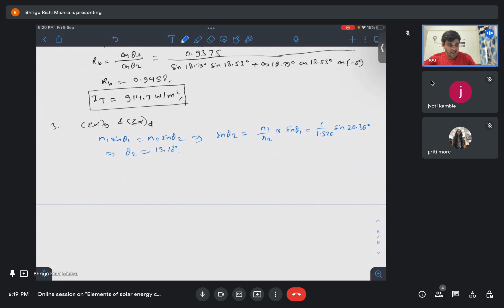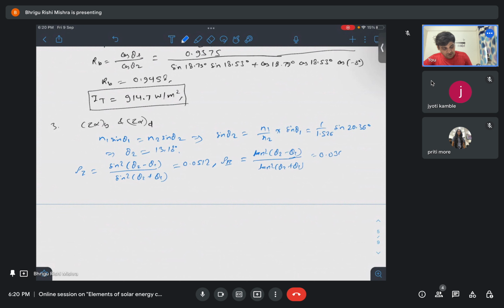Rho first is sin square (theta 2 minus theta 1) by sin square (theta 2 plus theta 1), and if you put all the values, it comes 0.0512. Similarly, rho second is tan square (theta 2 minus theta 1) by tan square (theta 2 plus theta 1), equal to 0.0361.